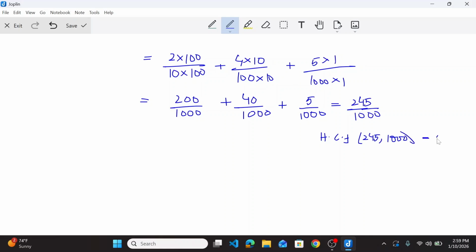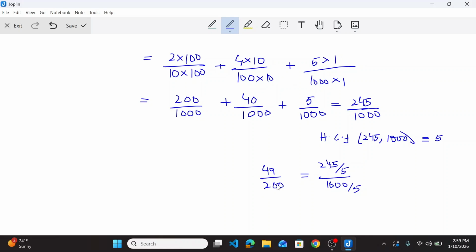So it's 5. So we have to divide: 245 divided by 5 and 1000 divided by 5. So in the end we will get 49 divided by 200.